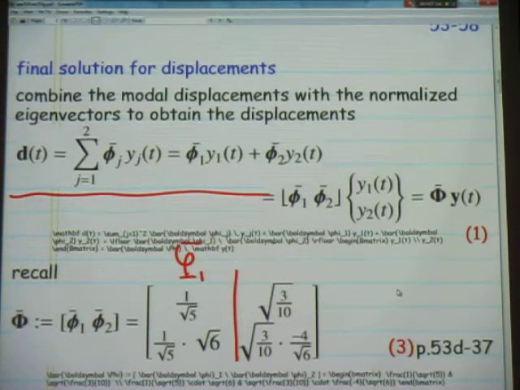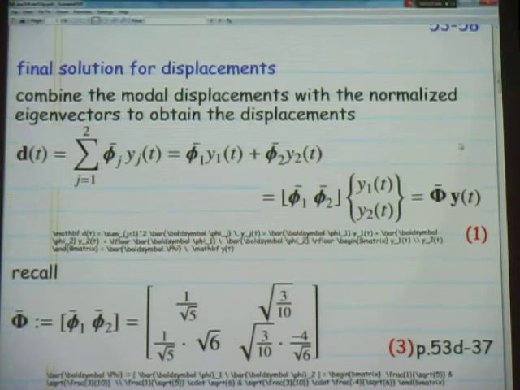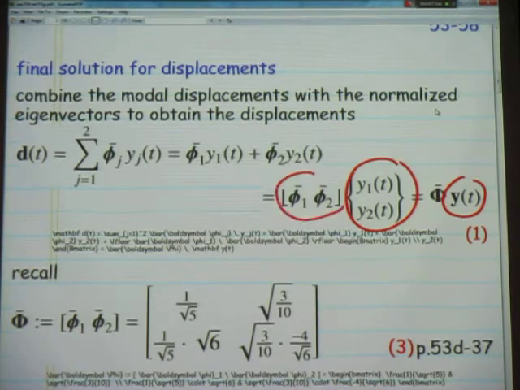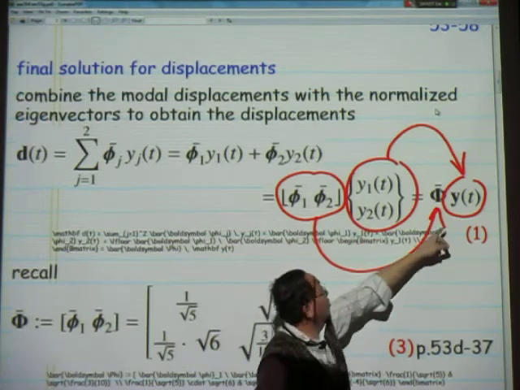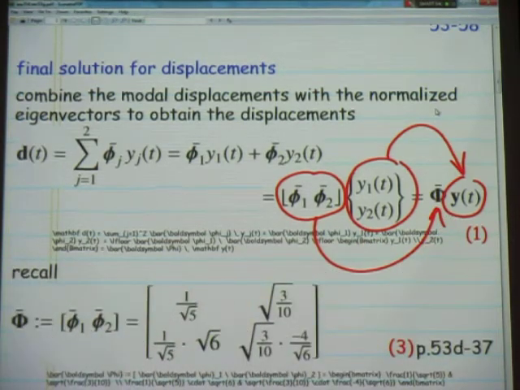This is phi 1 bar and this is phi 2 bar, 2 columns, normalized. And the matrix Y here is right here. So phi bar is the 2 normalized eigenvectors put side by side, and the column matrix that has the modal displacement 1 and modal displacement 2 as a column is written compactly as the matrix Y.